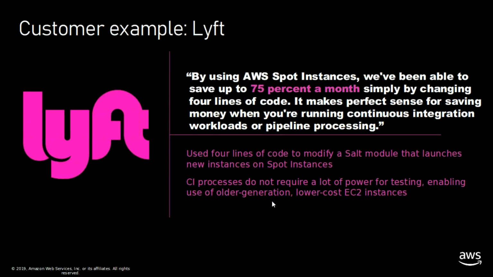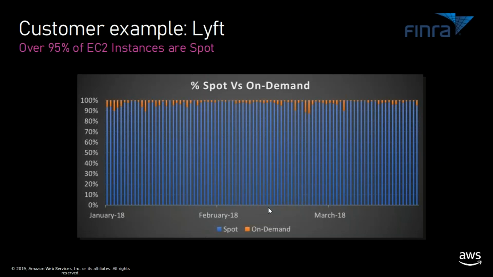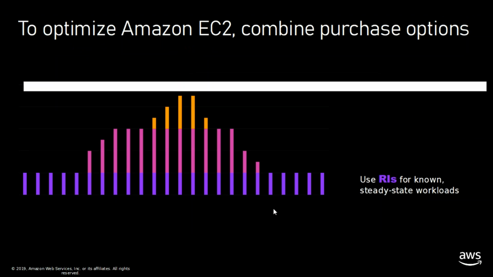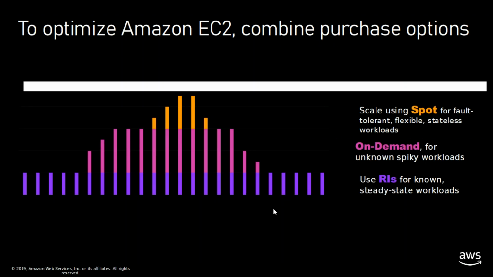So this customer uses spot instances in their business. To optimize Amazon EC2, we can combine purchase options, depending on how you plan it. We also now have a new feature where we can hibernate spot and on-demand instances.